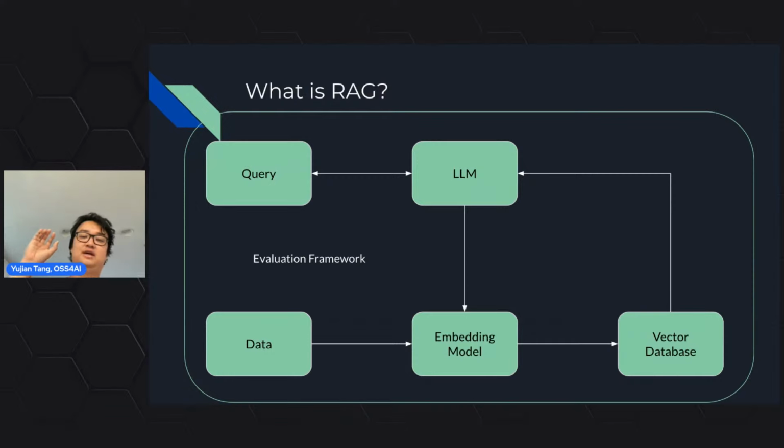And then the LLM takes those results. It's not always going to be just the top one result. You can specify this when you create the vector database, but it'll be like 3 or 5 or 10 or whatever. So it takes those results and uses them as context, puts them together, and sends it back to you.